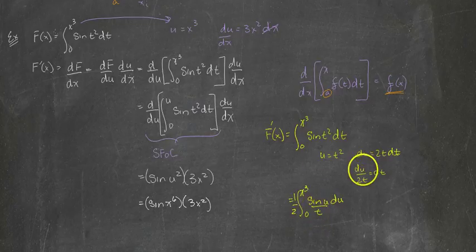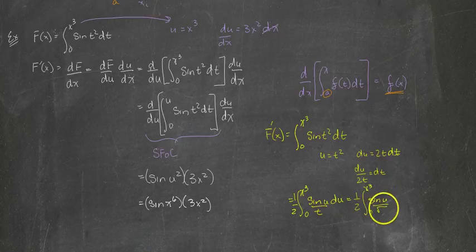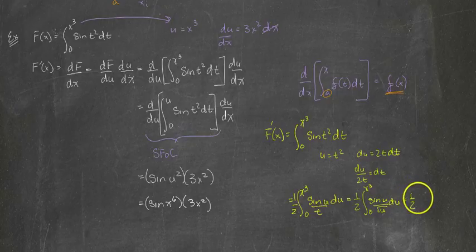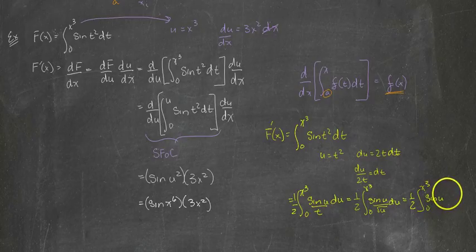Well, if u equals t squared, maybe I could rewrite it as 1/2 integral from 0 to x cubed of sine u over the square root of u du, because if I just solved for t. Well, I'm in a weird place again, because I could write that as 1/2 times the integral from 0 to x cubed of sine u times u to the negative 1/2 du.